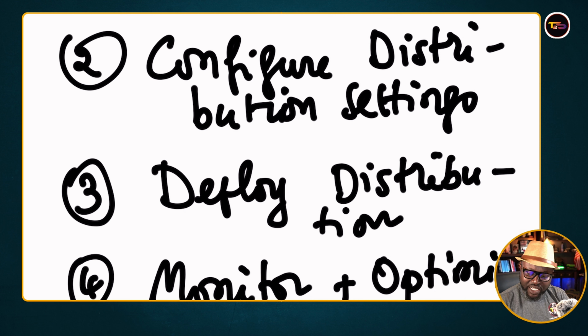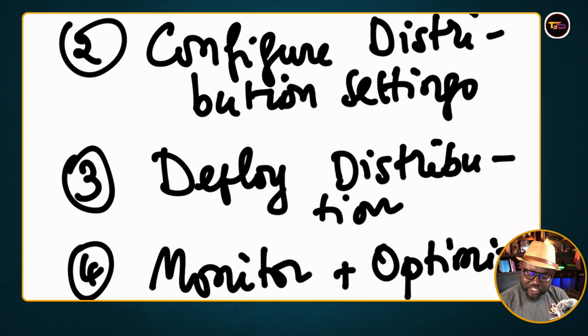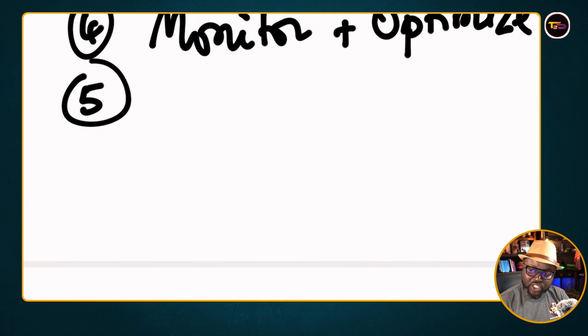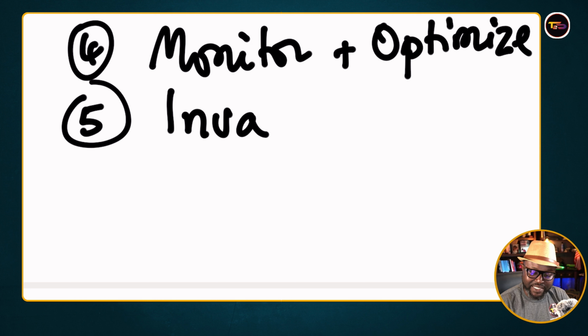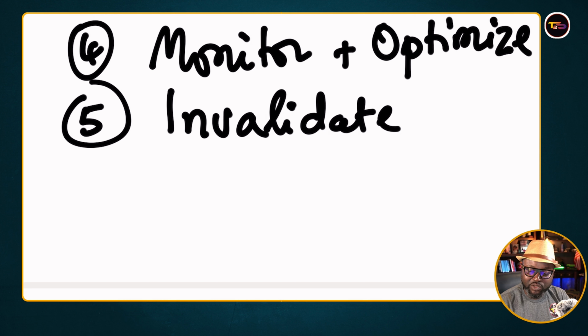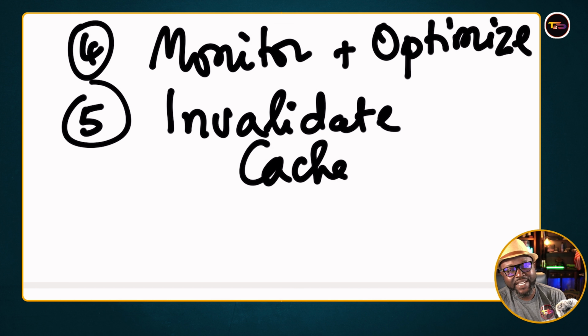And then the last, you need to invalidate cache if necessary. You invalidate objects in the cache if you need to serve updated content without waiting for the cache to expire. So you have to configure that.